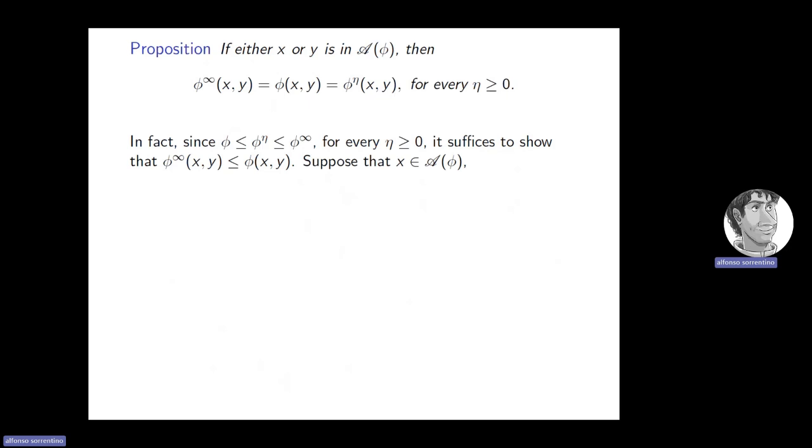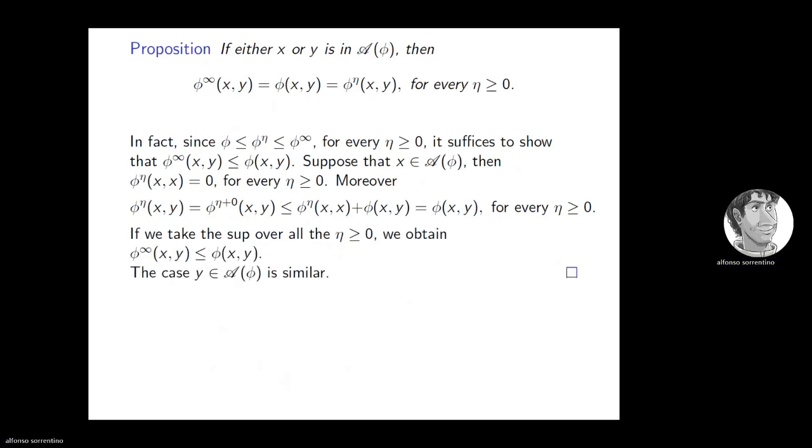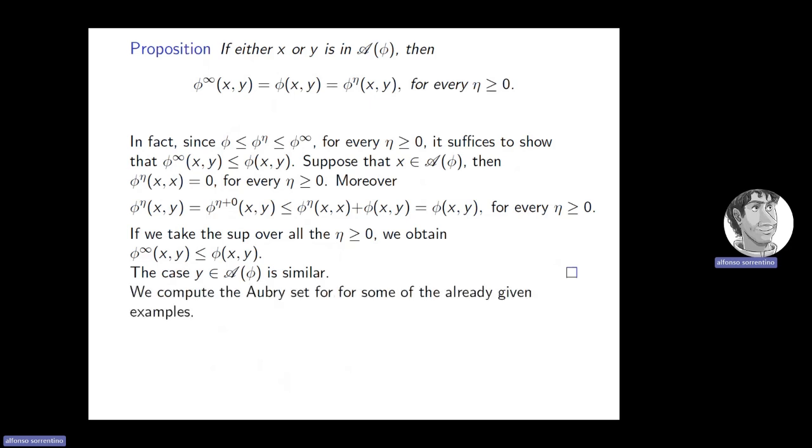So suppose, for example, that x is in the Aubry set, that phi eta of xx is 0, and again, we play the same game. Phi eta of xy is equal to phi eta plus 0 of xy, and then this is less than phi eta xx plus phi of xy, for every eta. So we get our result by taking the sup over all eta. The case y is in the Aubry set is similar.